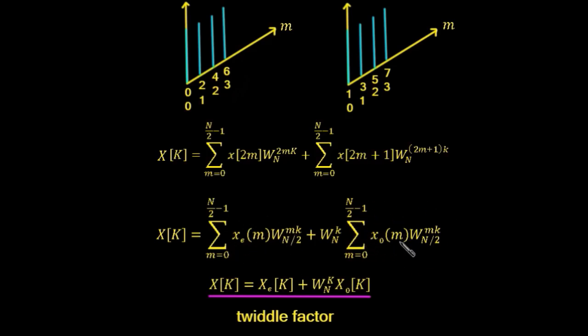So this thing here is nothing other than a DFT on the even components, and this is a DFT on the odd components. So the FFT algorithm that we're interested in is a DFT on the even components plus a DFT on the odd components times this other factor here, which is wn to the k. Now the wn to the k is sometimes called the twiddle factor.